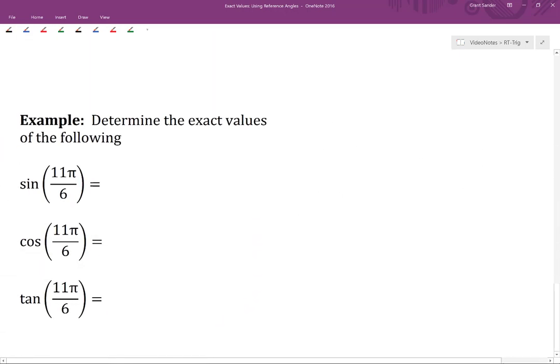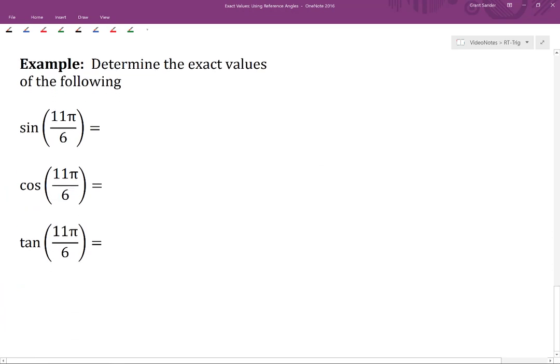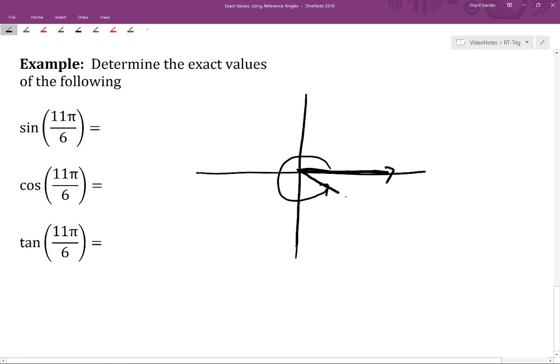Let's look at one more quick example. We won't work through all of these, but let's suppose we have an angle measure of 11 pi divided by 6 radians. So we should draw a diagram of this. So we'll draw our initial ray right here. 11 pi divided by 6 is almost a full rotation. It's a little less than a full rotation. So we have something that looks like that.